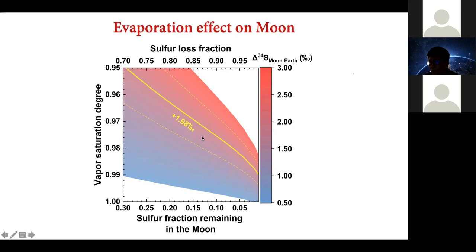And the range we get for the degree of saturation is 94 to 98% to explain the observed difference between Moon and Earth. Such a value is somewhat lower than Nicolas's result, and this may be related to the uncertainty in the estimated lunar sulfur isotope composition. So more work needs to be done to determine the sulfur isotope composition of the lunar mantle.